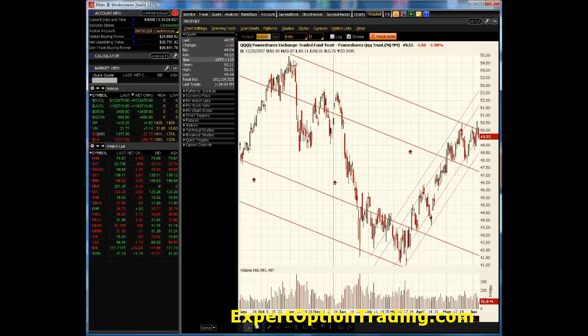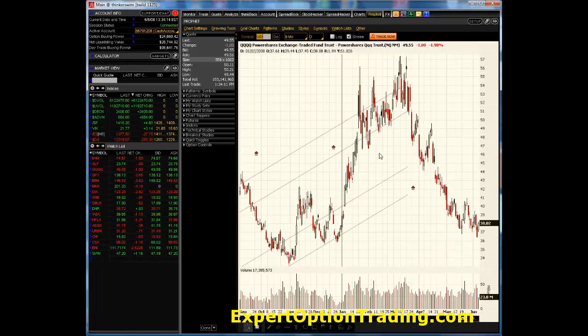So instead of shorting the QQQs, they provided this ETF that allows you to just buy this if you think the market is going down. Very similar to the VIX in the fact that it correlates negatively with the market in general. So when this one's going up, the market is going down. When this is going down, the market is going up.